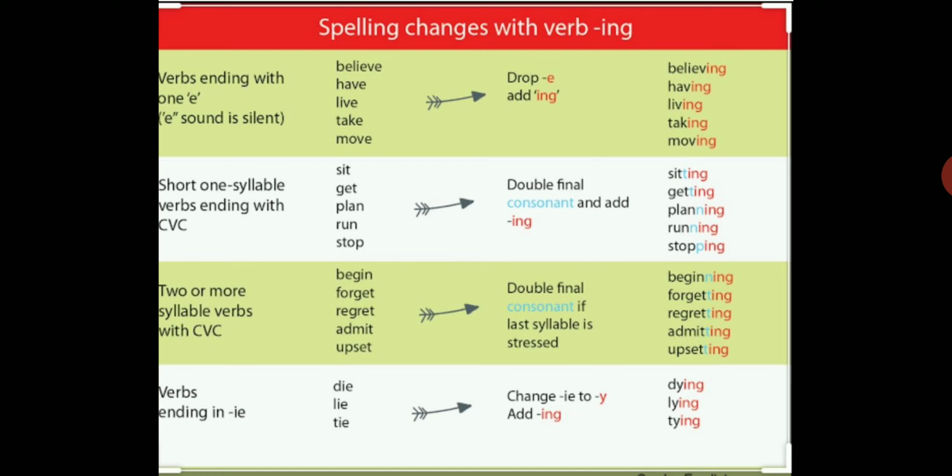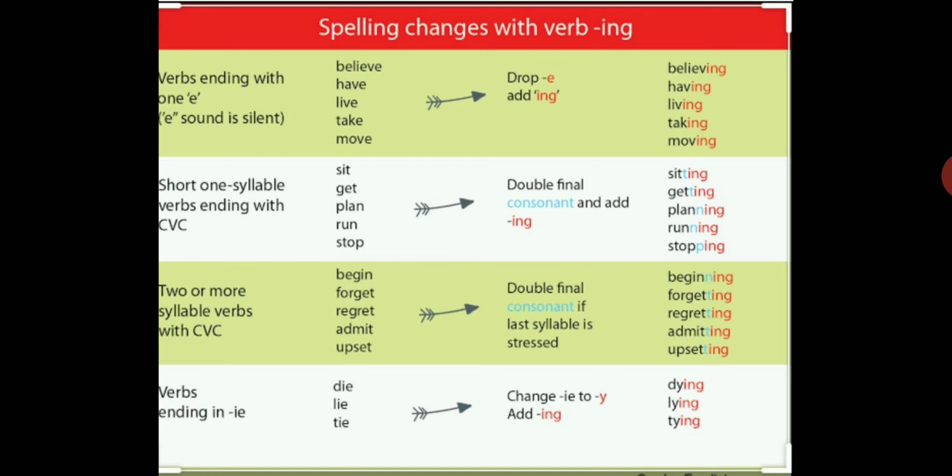You can see the examples given here. Believe, the last letter is E, so we remove E and add ing, so it will be believing. Have, having. Leave, leaving. Take, taking. Move, moving.